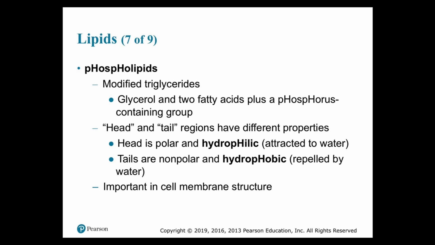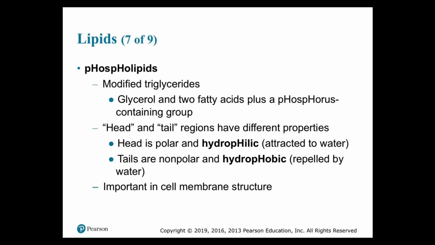The head and tail regions have different properties. The head is polar and hydrophilic. Hydrophilic means attracted to water, whereas the tails are nonpolar and hydrophobic, which means that they are repelled by water. And phospholipids make up cell membrane structure.